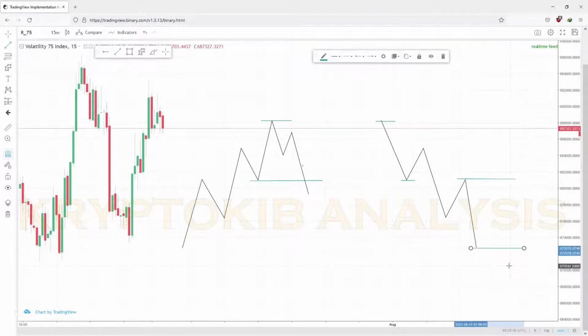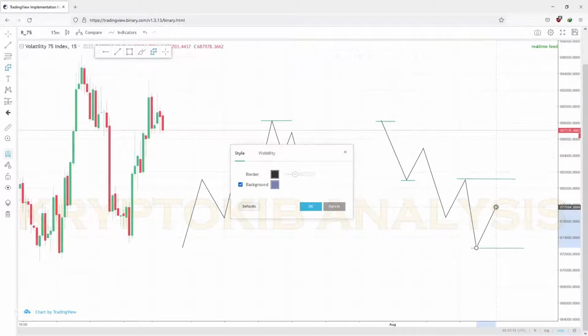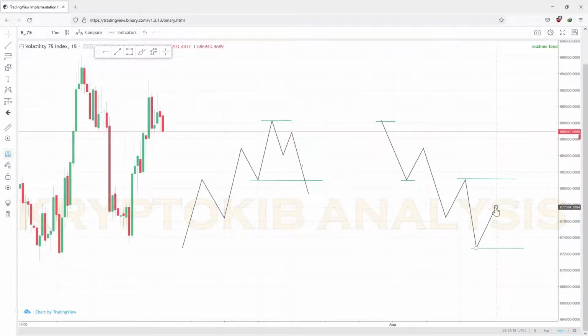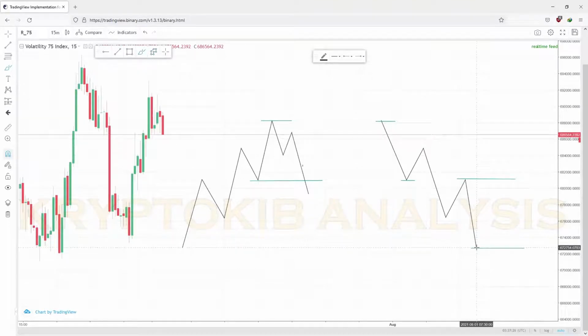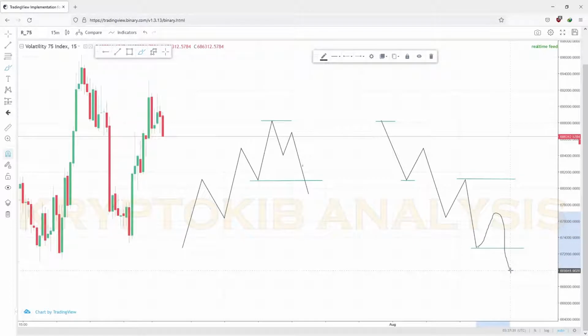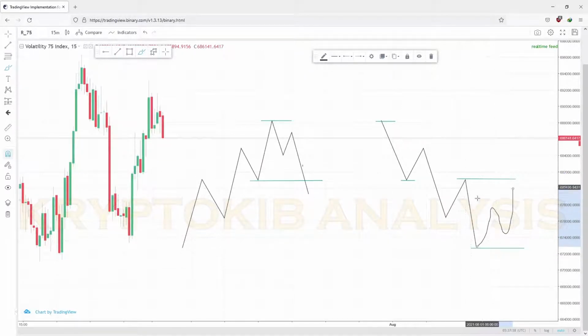So from this particular point, assuming we correct like this, then it's either we create a new lower high and then continue to the downside, or we can have something like this, which means this bearish structure is still very much intact. The break of these highs here doesn't guarantee that we are now bullish.